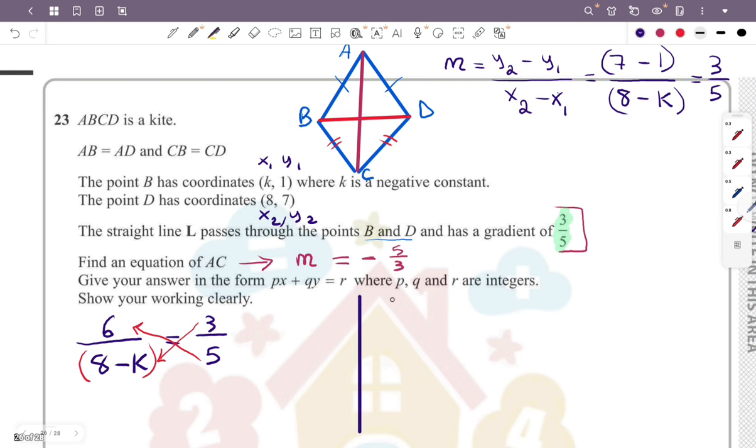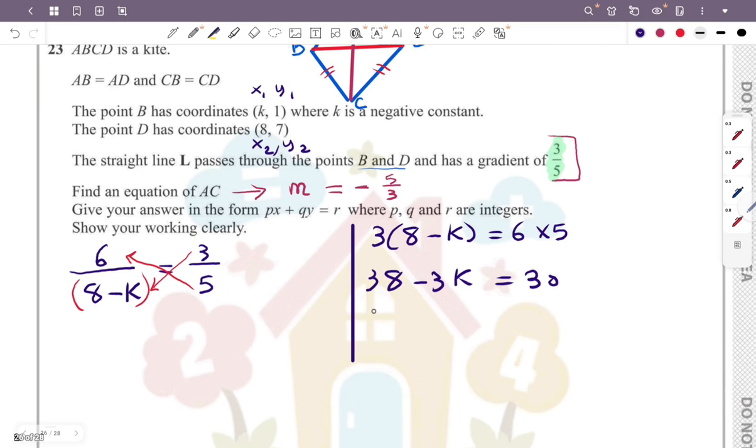Now it's easy to find the value of k. 3 times (8 minus k) equals 6 times 5, so 24 minus 3k equals 30.